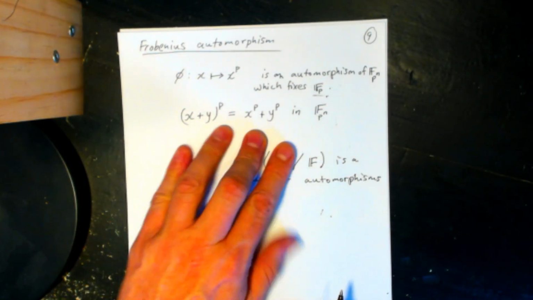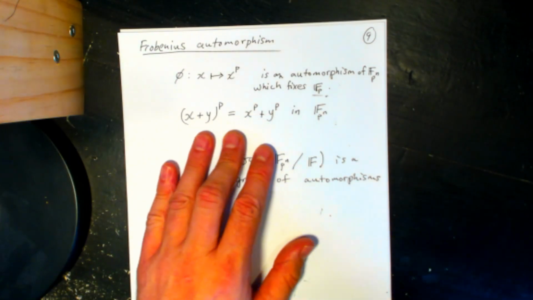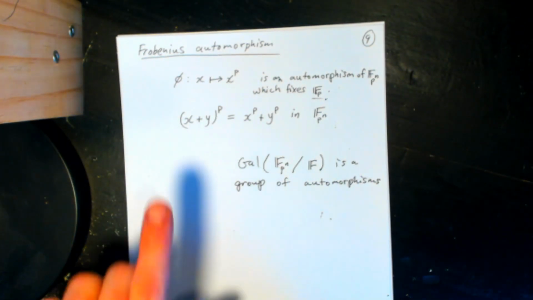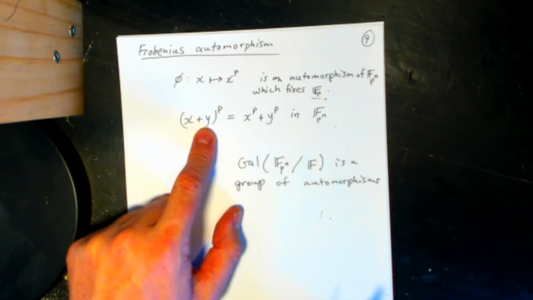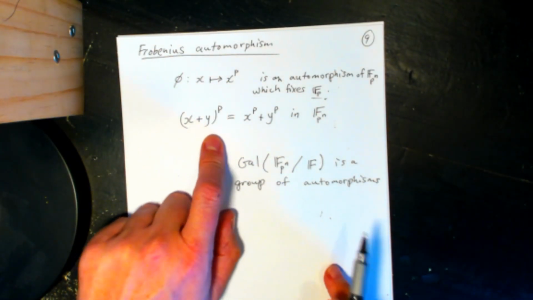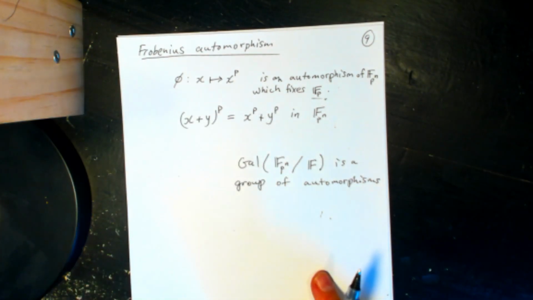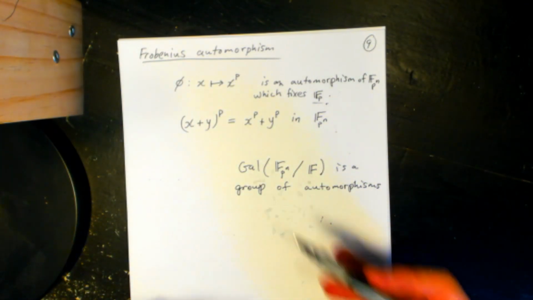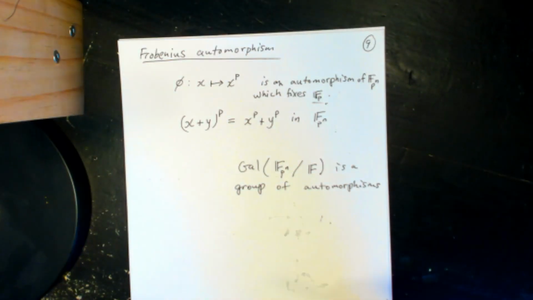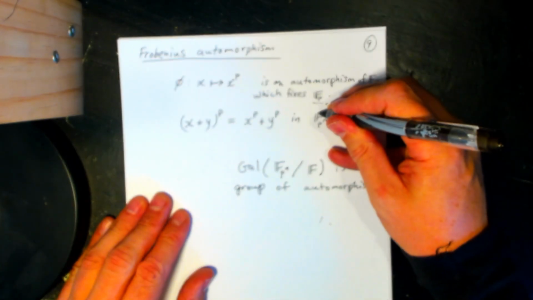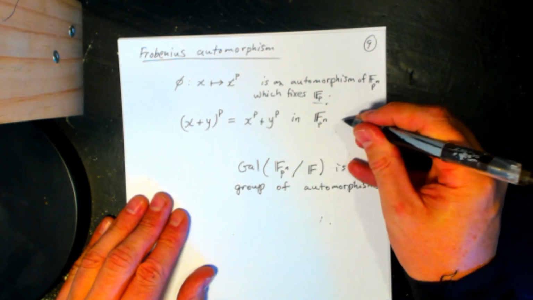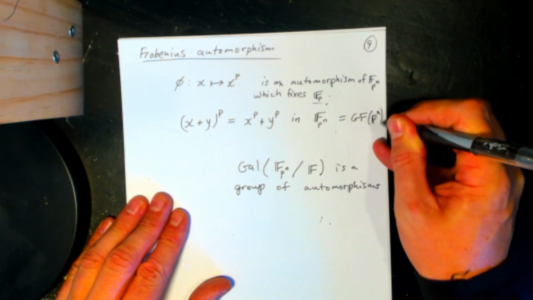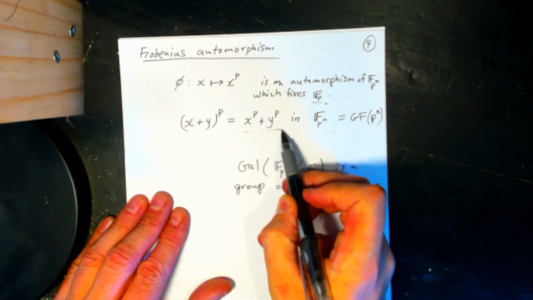Now, there are a couple of other things that make this possible. This is called the freshman exponentiation because in your first year of, say, university, or even high school, you might imagine that x plus y to the power of some number is just x to the power of n plus y to the power of n, which is in general not true for algebraic expressions, but in this finite field of p to the power of n elements, this does hold true, right?